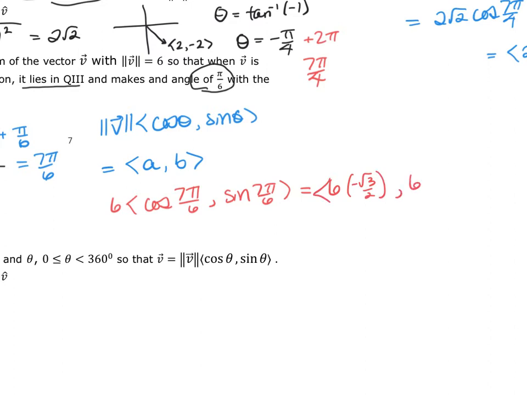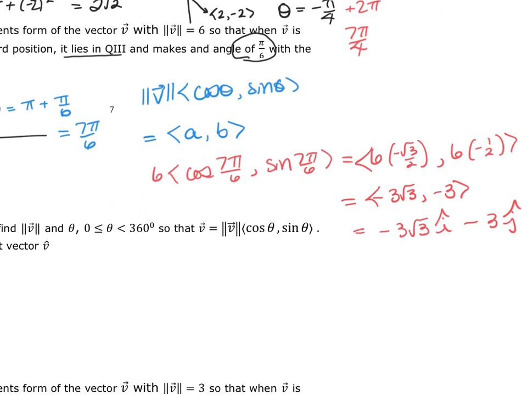And then comma, and then it's going to be 6, and the sine of 7 pi over 6 is negative 1/2. So my answer is going to be negative 3 root 3, comma, negative 3, which is equivalent to negative 3 root 3 in the i hat direction, and then minus 3 in the j hat direction.